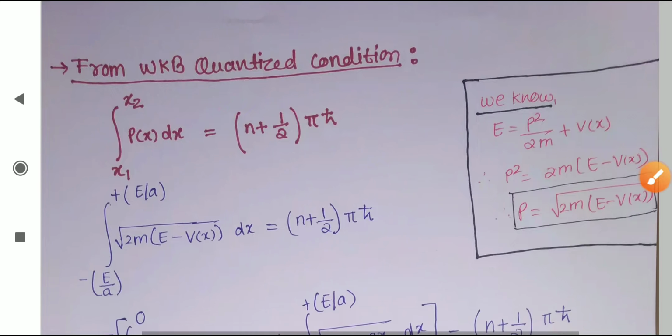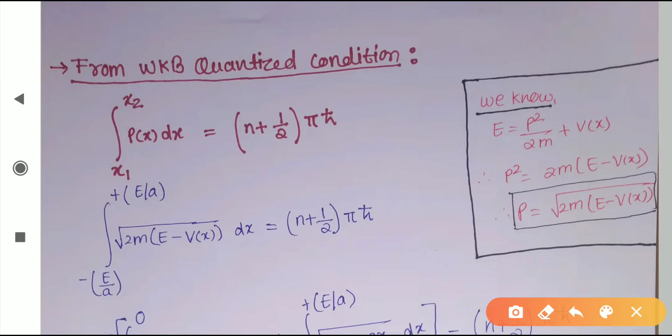The momentum is root over 2m times E minus V of x, which we get from the total energy equation. I have mentioned all the steps here. So we will substitute this momentum value, and the right hand side we will write as it is. Clear?